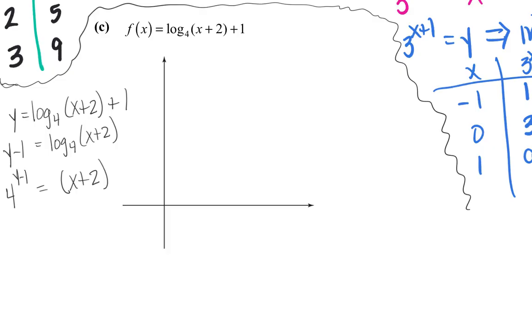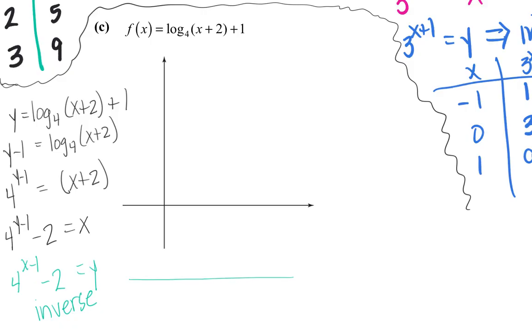All right, I'm going to move that 2 over, so 4 to the y minus 1, minus 2. All right, so now switch the x and the y. So 4 to the x minus 1, minus 2 equals y. So this is our inverse.